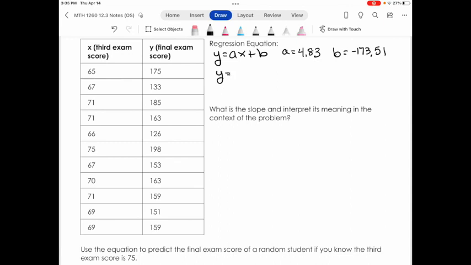So I'm going to plug in my A value. So I have 4.83, which is my slope, times X, plus my value of B, which is negative 173.51. So here's my equation. X is the score on the third exam, and Y is the score on the final exam.